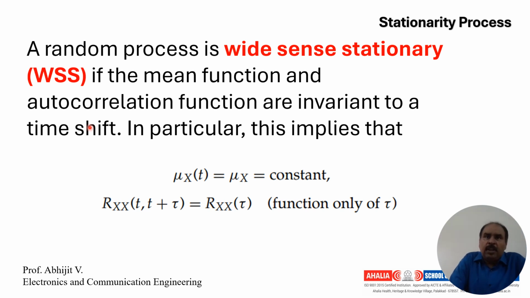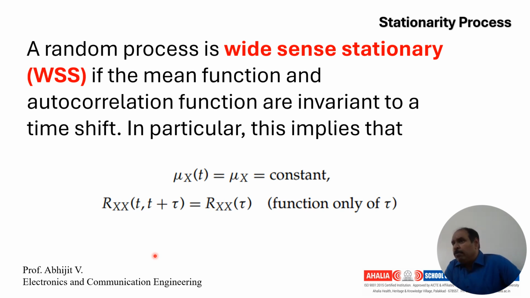In the strict sense, the distribution function itself is invariant to the time shift. Here, the autocorrelation function and the mean function are invariant to the time shift. That means mu x of t is equal to a constant, and Rxx of t, t plus tau is equal to Rxx of tau, a function of only the shift in time.